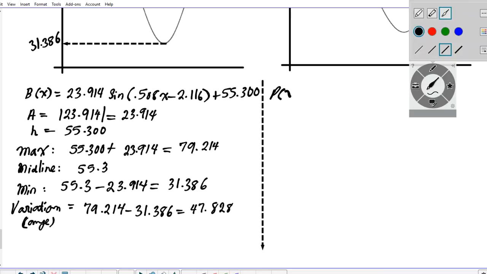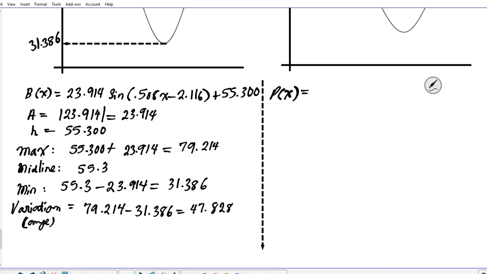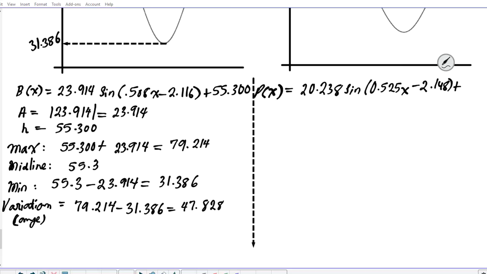So P of x is 20.238 sine 0.525x minus 2.148, plus, ran out of space here, plus 86.729. So 86.729. Okay, so there you go.